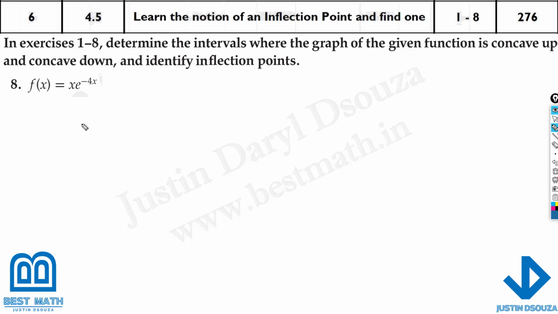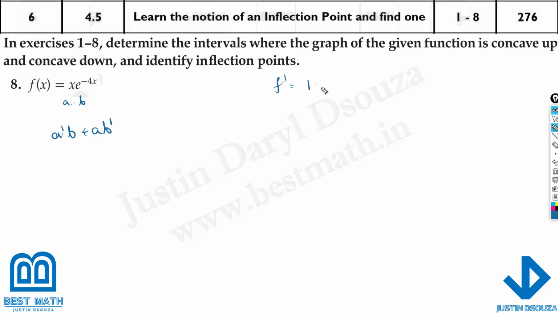Now here it's just the product rule, and it's not that difficult because we have e exponentials, which are very simple to solve. So the first derivative would be, if it's a and b, a derivative b plus a b derivative. This is the product rule, a simple rule.